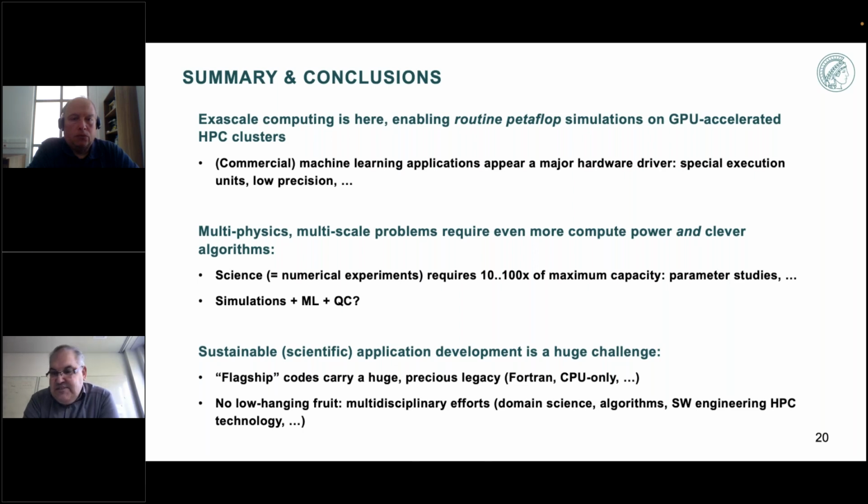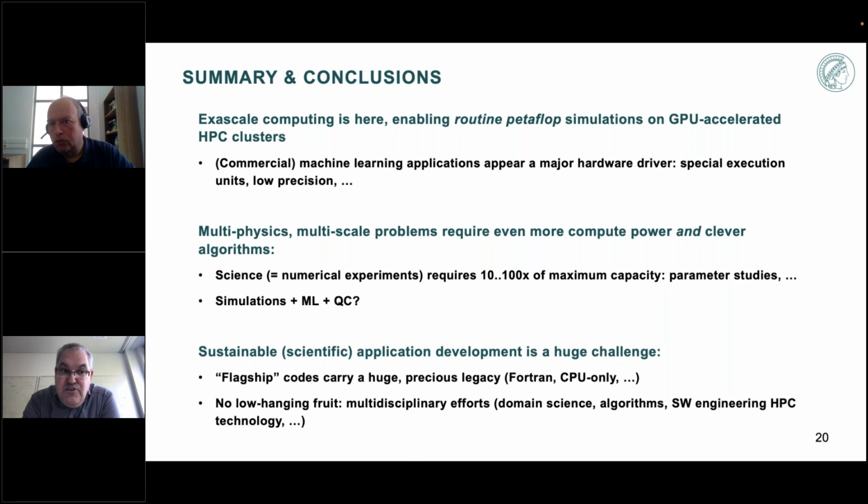That means we see special execution units like the tensor cores, more efficiency in lower precision and so forth. HPC applications have to adapt and see how they can follow this hardware development, because just staying with CPUs and hoping that they will be faster is not going to happen.